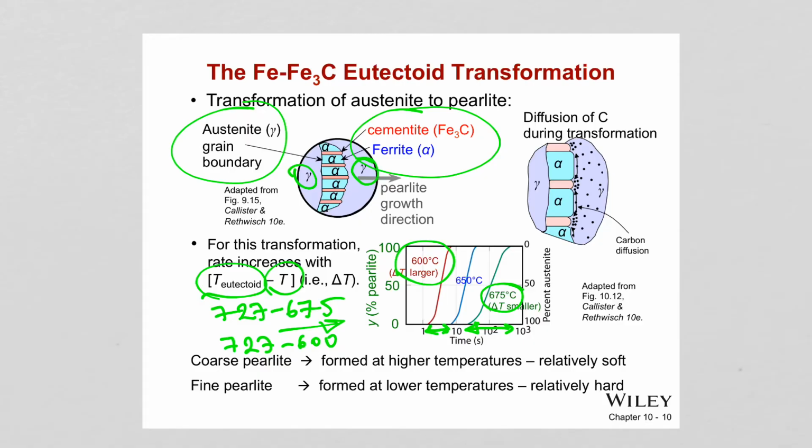Because remember, this is the starting point and finishing point. This is the time. Okay, and this is starting, this is finishing. It takes longer to achieve 100% conversion of austenite to pearlite structure when delta T is smaller.